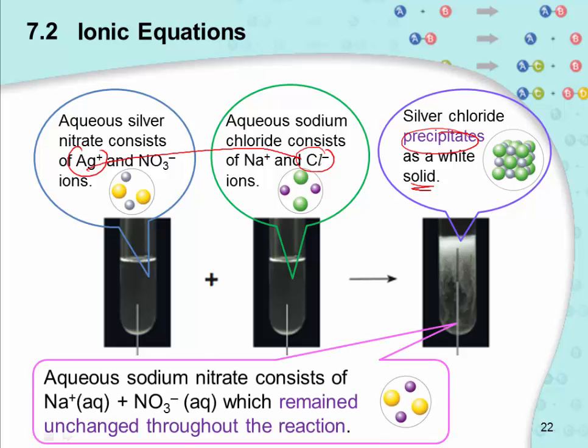And take note that the nitrate and the sodium are still moving around freely in the solution. When you mix this solution and this solution together, they are all moving inside the solution. So sodium and nitrate remain unchanged throughout the reaction. They are still inside the solution, moving freely. So when we write our equation, they'll be cancelled on both sides.